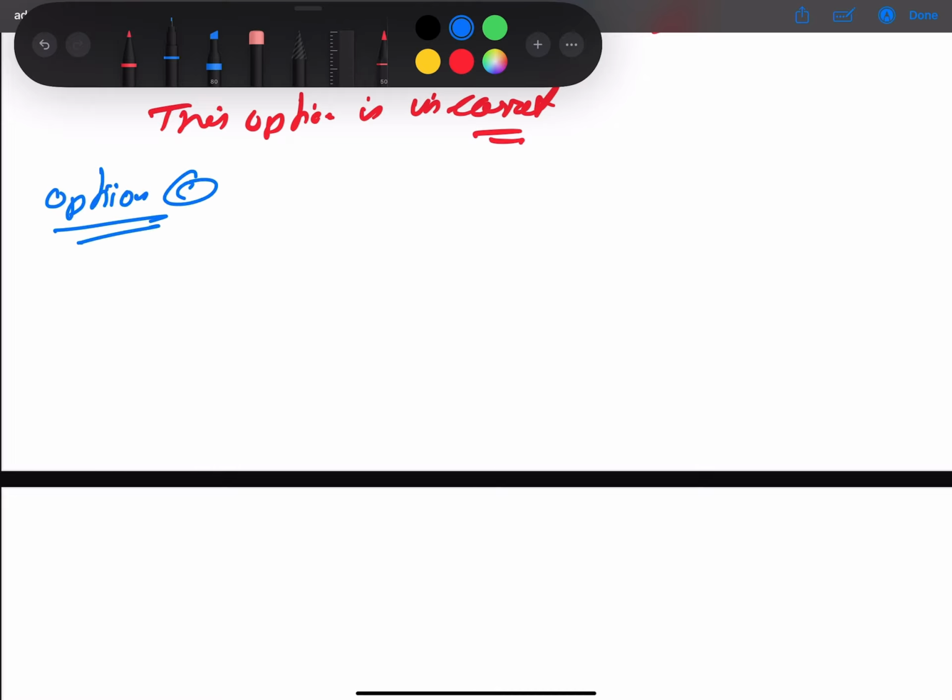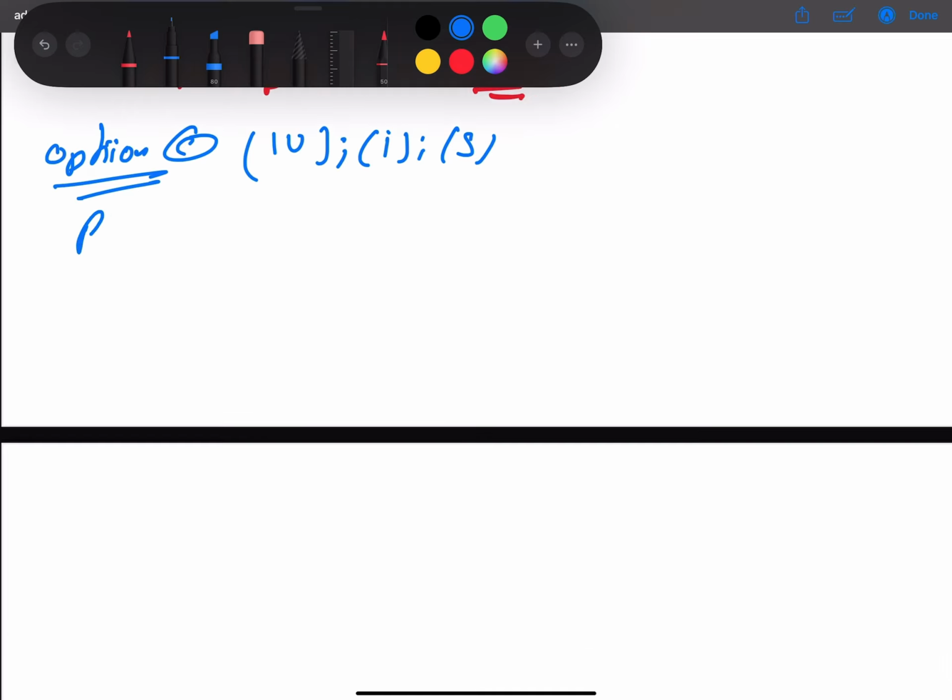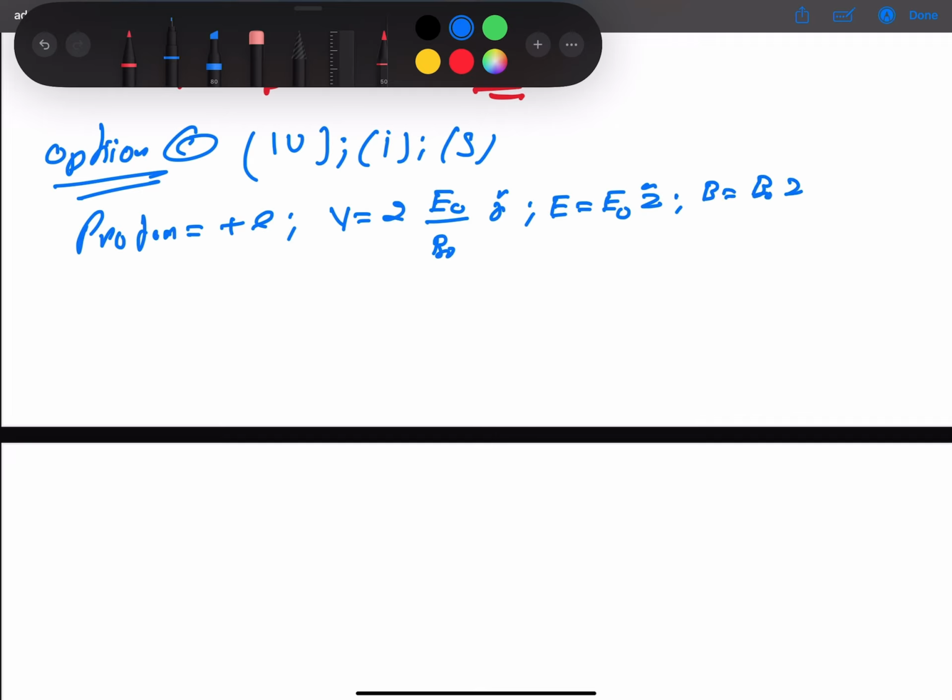Now we come to option C. Option C says that the fourth matches the first, and the alphabet is given as S. Here we have a proton, that is plus e. Velocity is twice E naught over B naught x unit vector. Electric field is z unit vector, and magnetic field is z unit vector.